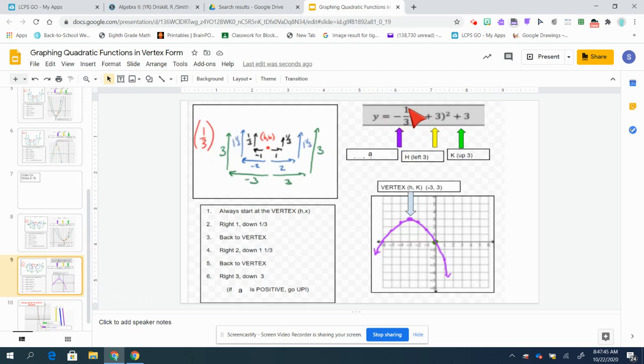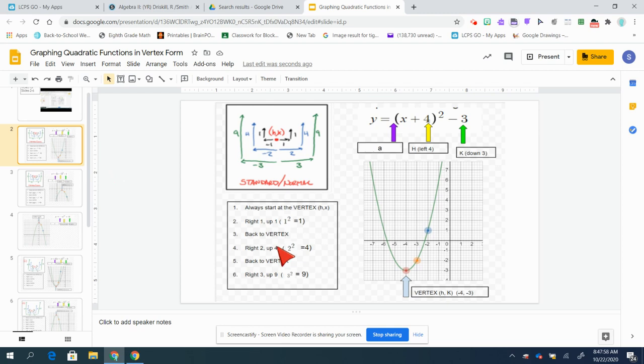Very similar if our a value is 1/3. And remember, if it's negative, it'll be facing down. So instead of up, we always go down. Now we're multiplying our standard or normal y values by 1/3.